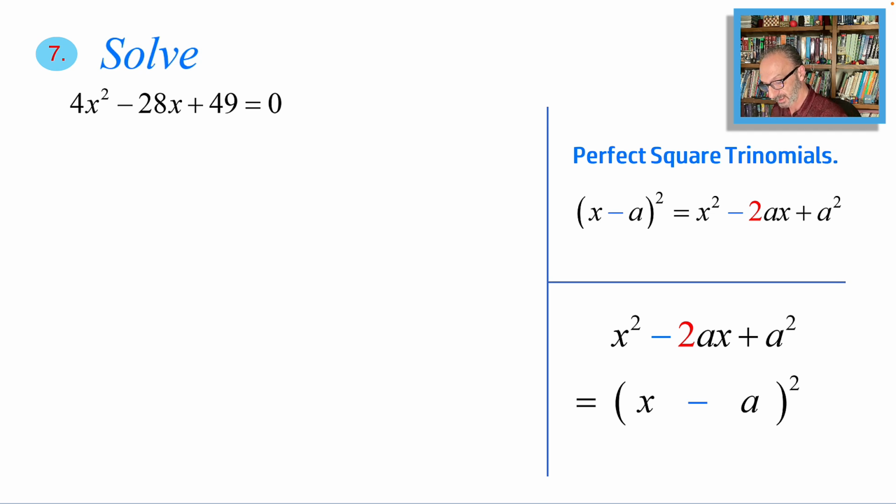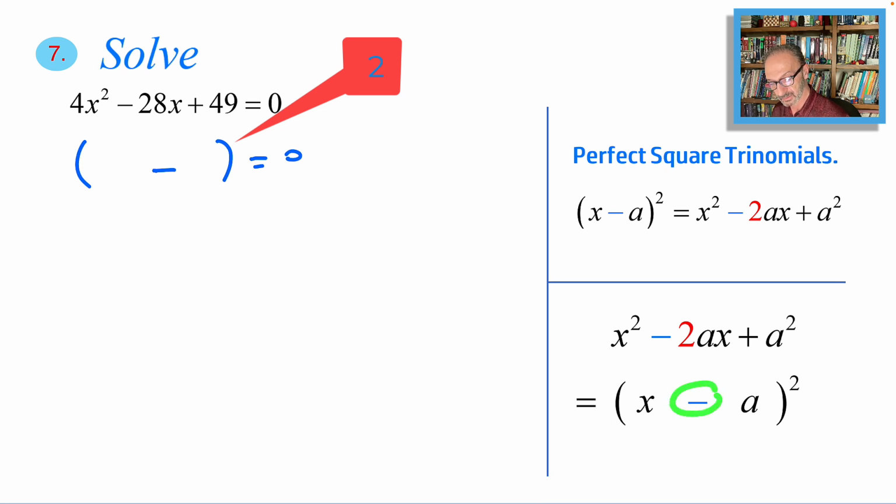To do it, I will write equals 0, and I'll use one set of parentheses with a minus, because as you could see, we do have a minus right here. And of course, if it follows exactly, that will be a and b multiplied together and then doubled. We'll check that in just a second.